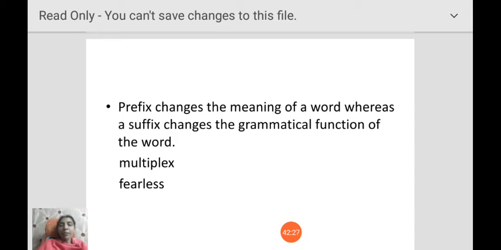Let's take an example: his behavior is childish. Here it is an adjective. So look at the difference. When you add a suffix, the grammatical function of the word changes.